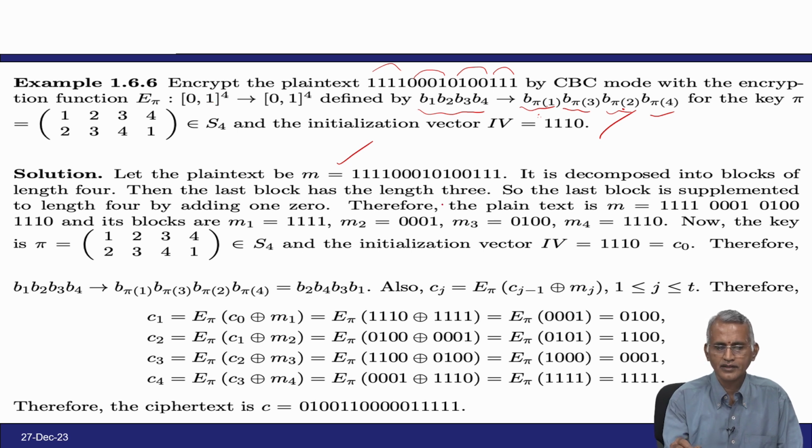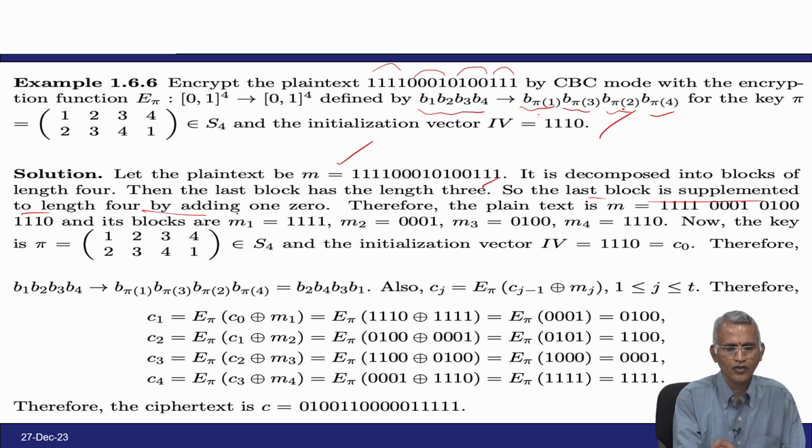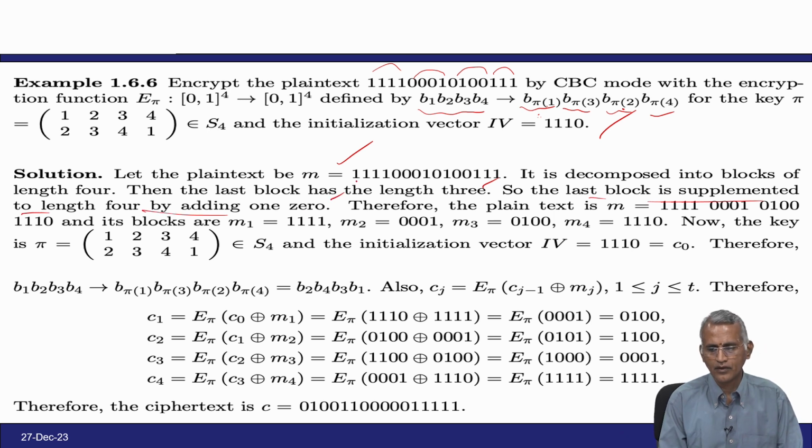The last block has length 3, so it is supplemented to length 4 by adding 1 0. Therefore, M equals 41 0001 0100 1110, and its blocks are M1 equal to 41, M2 equal to 0001, M3 equal to 0100, M4 equal to 1110.